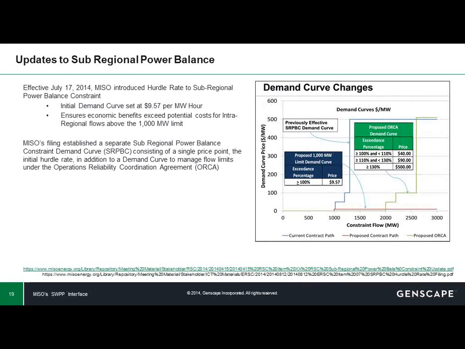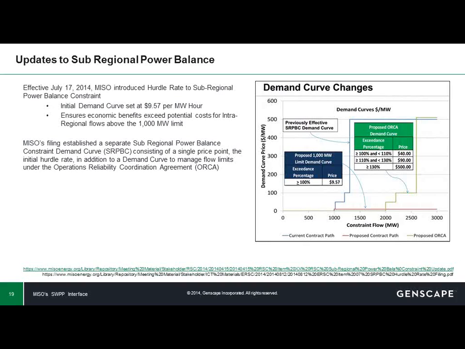Just to conclude the MISO SPP dispute, on July 17 this year, MISO introduced a hurdle rate to the sub-regional power balance constraint. And this sets the initial demand curve at $9.57 per megawatt hour. It also ensured the economic benefits for intra-regional flows that are above that 1,000 megawatt threshold.